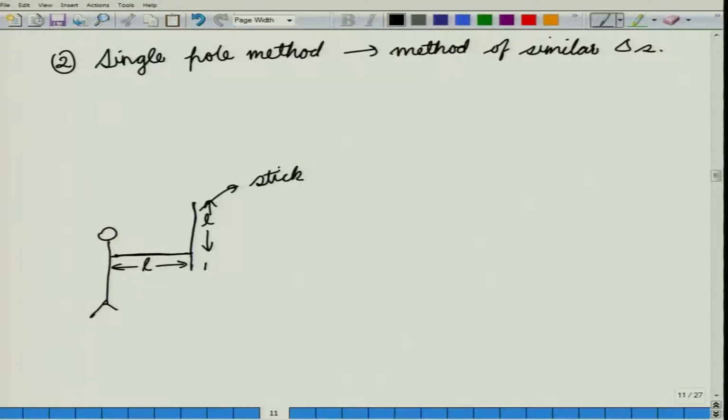The total length of the stick is, say, 1.5 meters. So, this length would be 1.5 minus L.